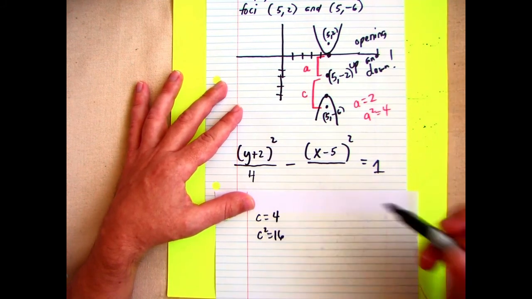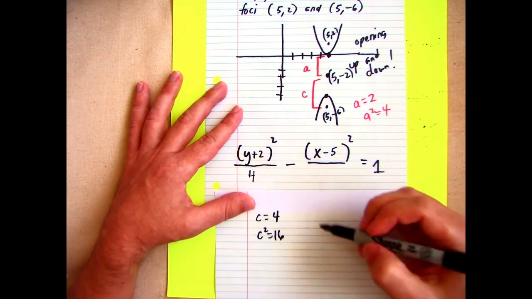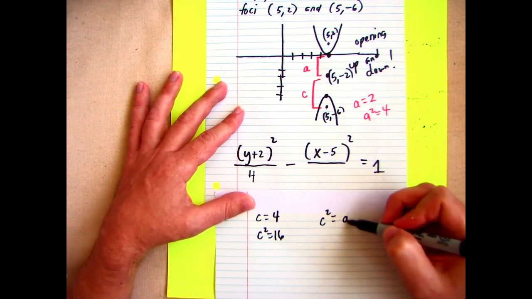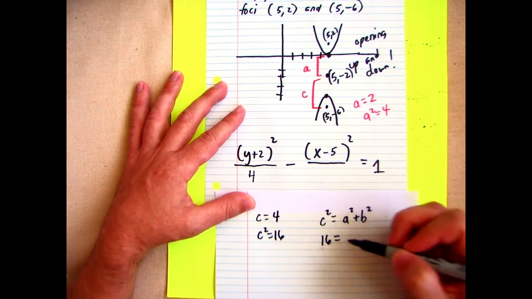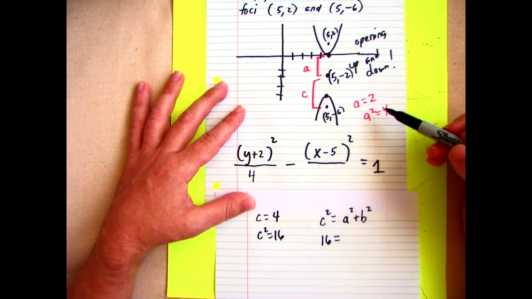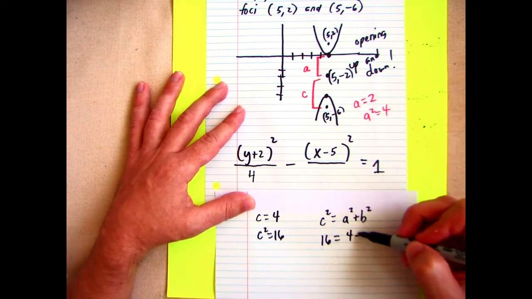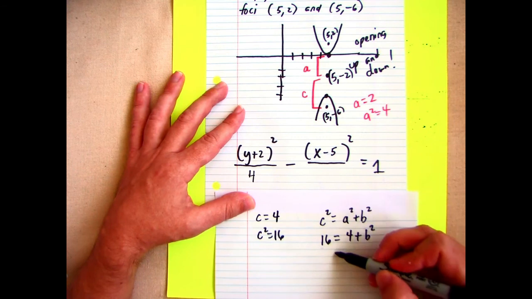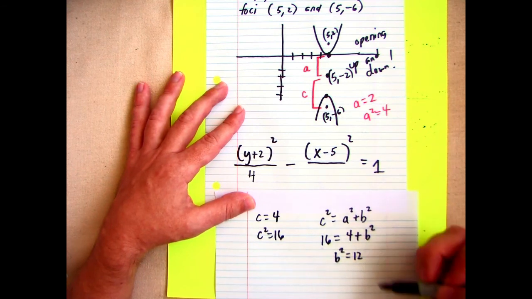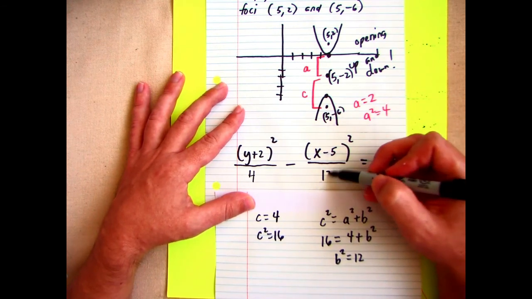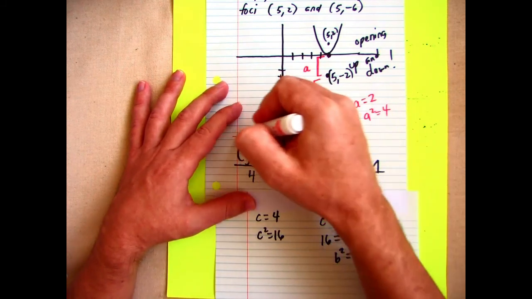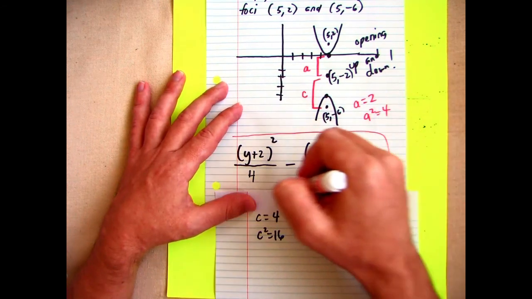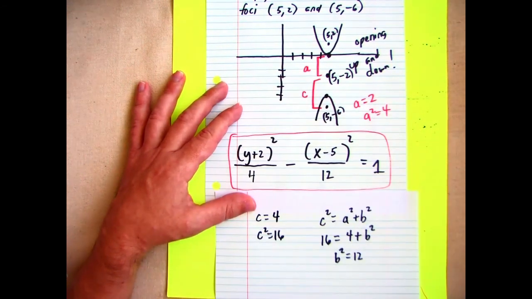So c squared is 16. So now with c squared and a squared, we can find what b is, right? Because we have this equation for hyperbolas, c squared equals a squared plus b squared. So c squared equals 4 plus b squared. So b squared is 12. So that's going to enable us to fill in what b squared is. So there is my final equation.